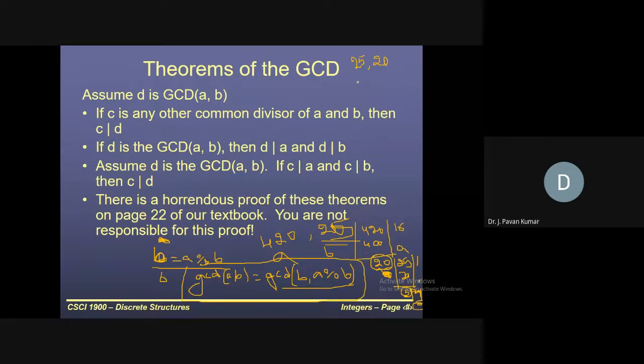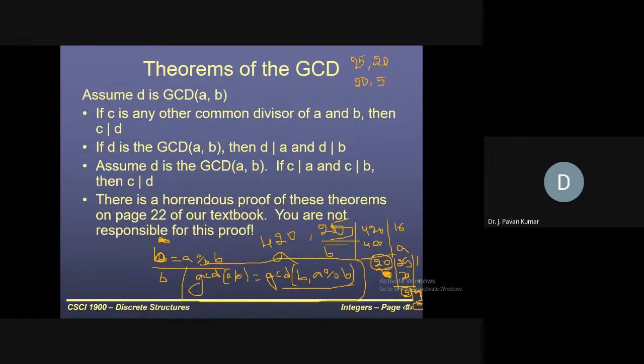Next, I will give another two numbers, 20 and 5. What is the GCD? 5. So 420 25 GCD is 5, 25 20 GCD is 5, 20 5 GCD is 5. That is what we are representing in the form of a formula.